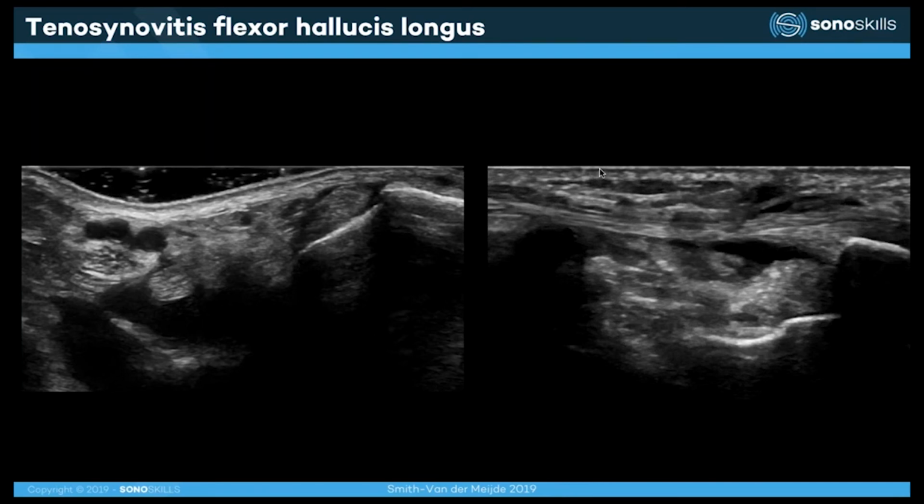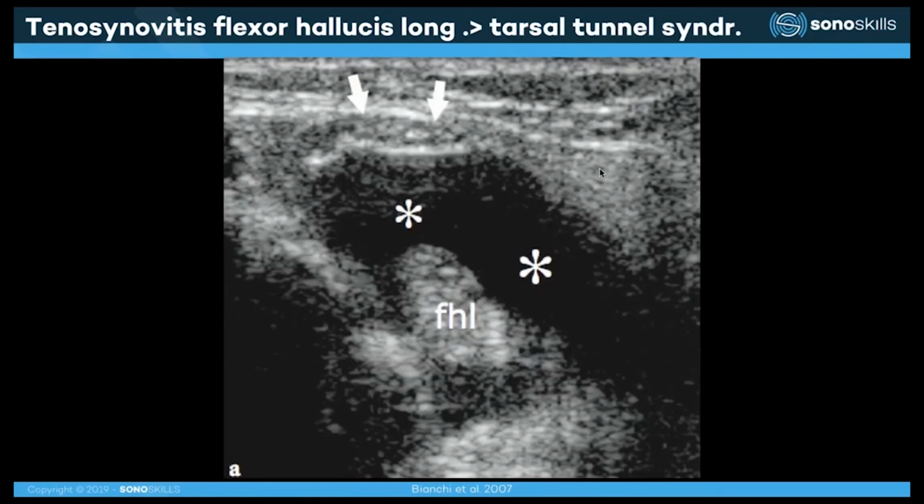We can see a swelling around the flexor hallucis, and in some cases this can cause quite a problem, because this fluid mass indicated here with the asterisk symbols can push, for example, the tibial nerve, indicated by the white arrows here, against the retinaculum of the tarsal tunnel. So similar to a carpal tunnel, in this case the tibial nerve is compressed at the tarsal tunnel retinaculum.